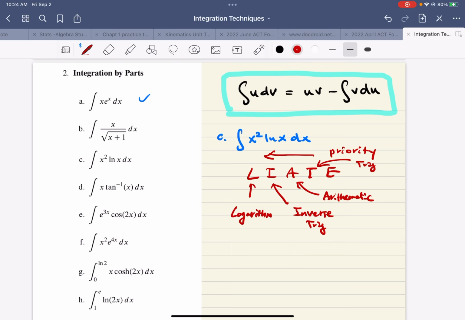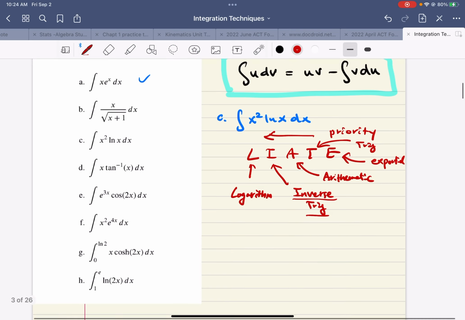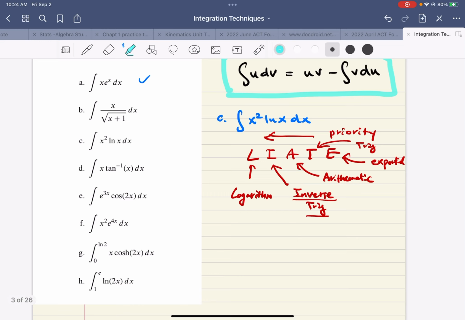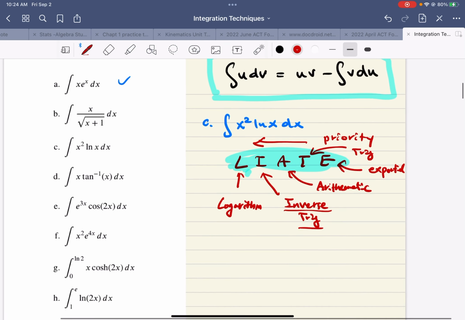Okay, sine, cosine, tangent like that. But make sure inverse trig has more priority. Last one, least priority, is exponential function. Exponential. Okay. So I want you to memorize that. So then you know, in integration by parts, which one is u.